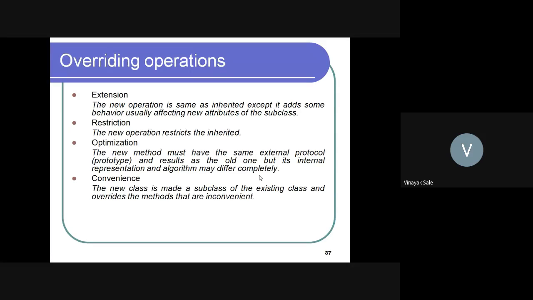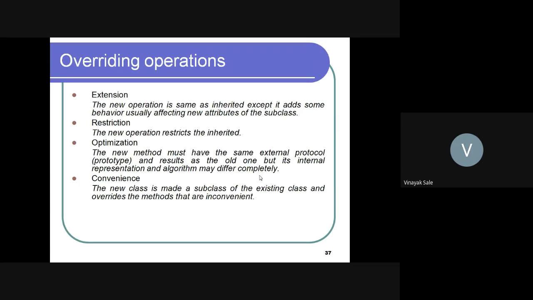The new method has the same external protocol, that is the prototype. If you have used void then function name in the superclass, the same function is used with the prototype void then function name. So the result is the same as the old one, but the internal operation and algorithm representation differ completely. That is optimization. Then convenience.